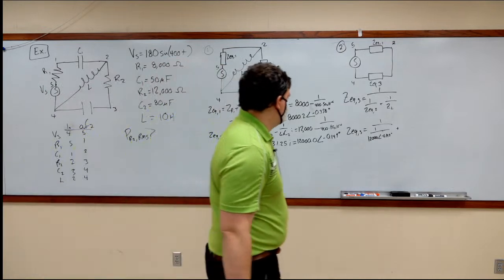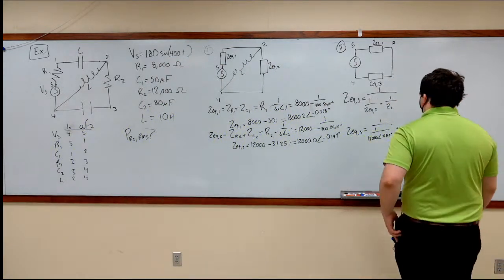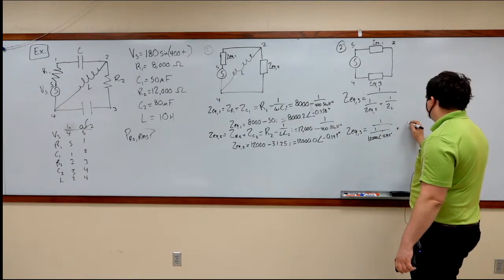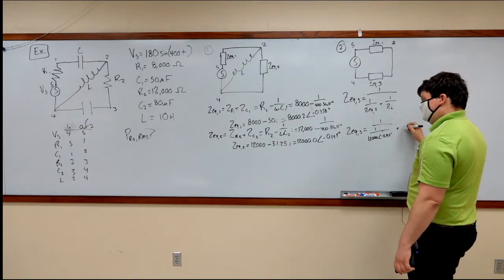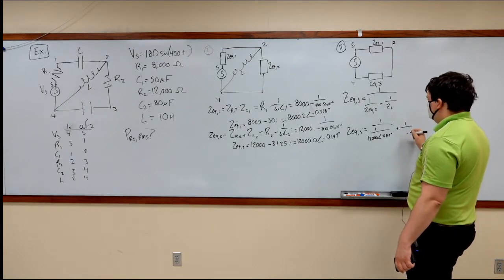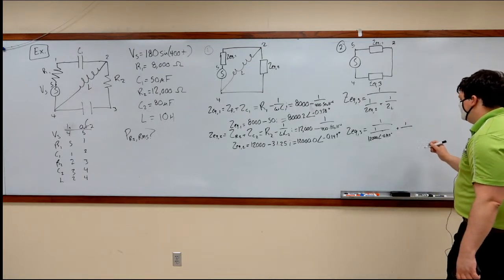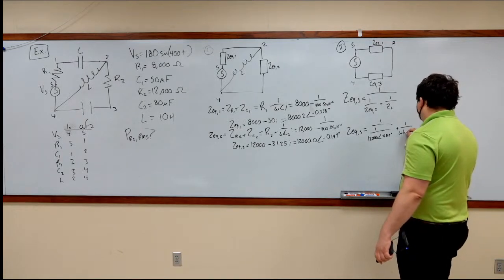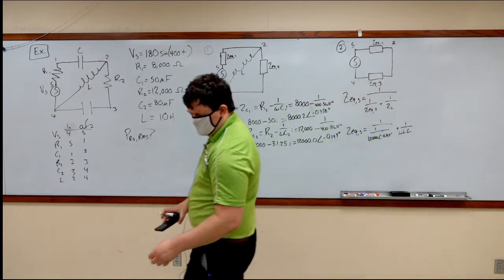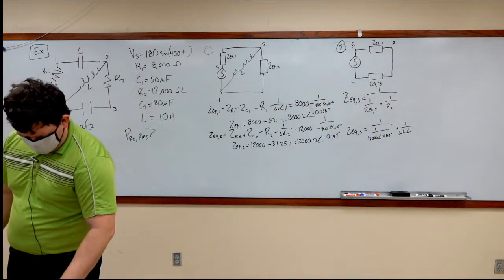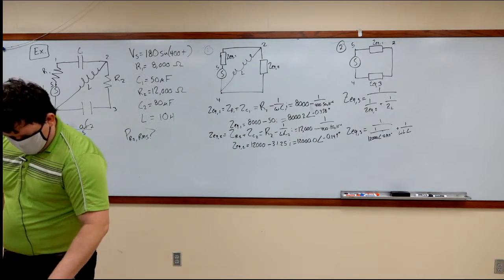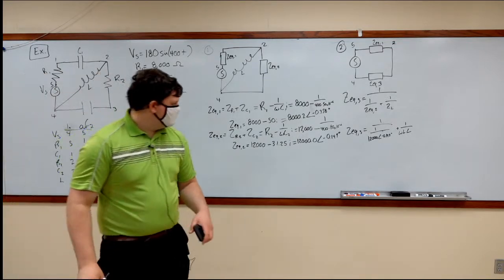Things are easier done in phasor form when doing division. So this is just equal to 1 over omega times L at an angle of, I think, 90 degrees.